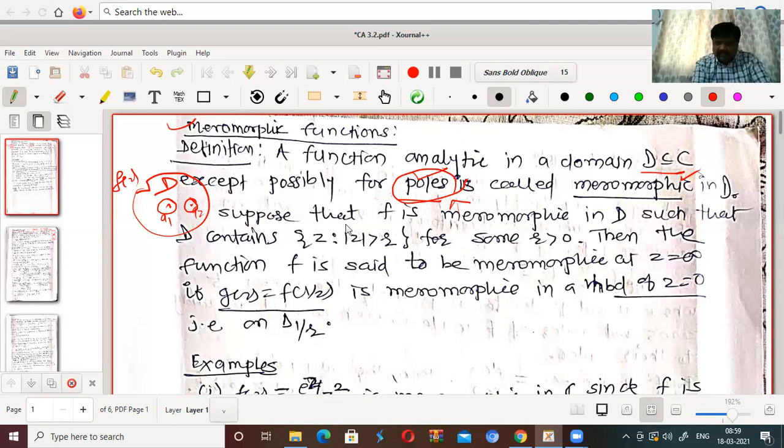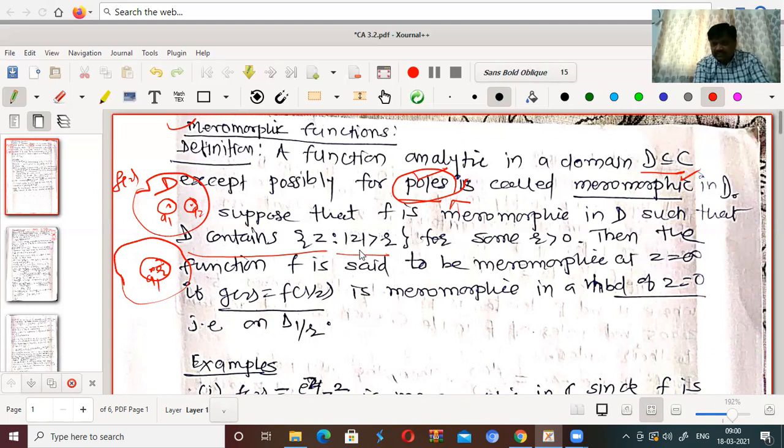Suppose that f is meromorphic in D such that D contains the set of all those points such that mod z is greater than r.